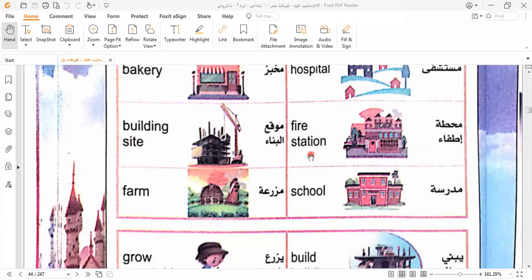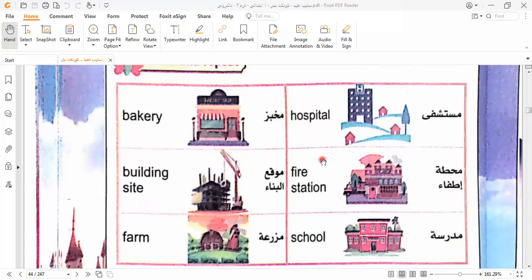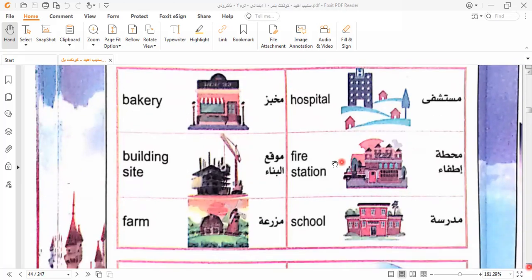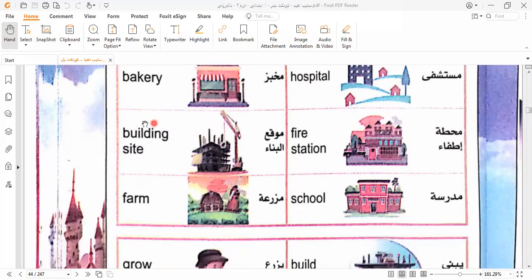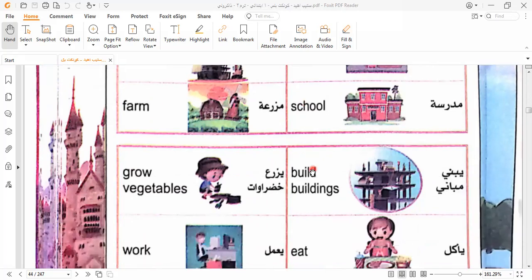A firefighter works in a fire station. We have farm, we have school. The farmer works on a farm. The teacher works in school. So last class we talked about jobs and the places of these jobs, like bakery, hospital, building site, fire station, farm, and school.